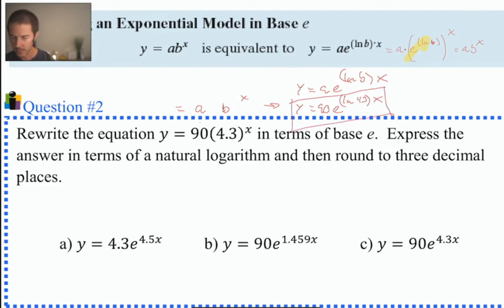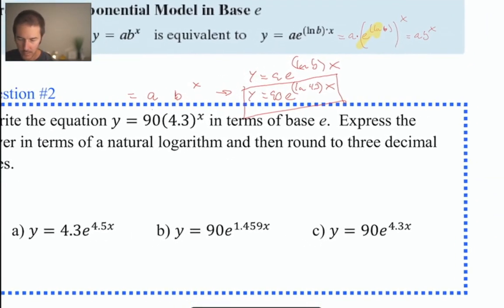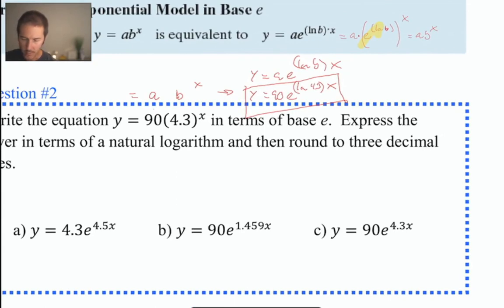Let's see if that's available as one of the multiple choice options. Option B leads with a 90 times e to the natural log of 4.3. So here I'm seeing the 4.3, but I think that this should say the natural log of 4.3. My only other option is this one, but that doesn't say 4.3, but maybe 1.459 is a decimal approximation of the natural log of 4.3.